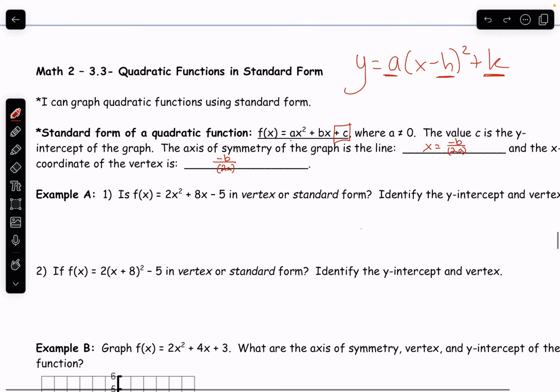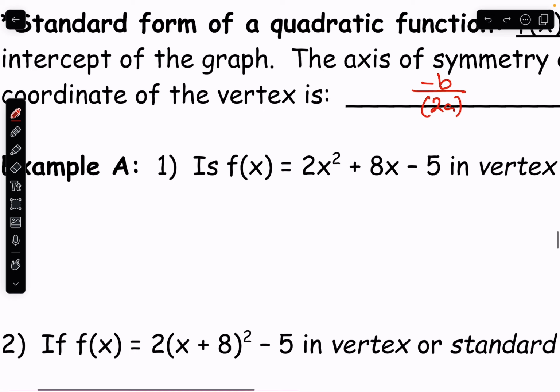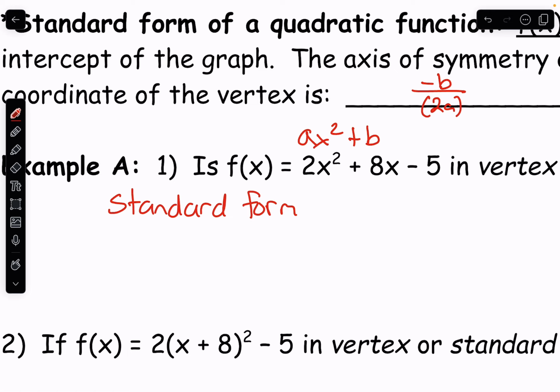All right. So it says, is 2x squared plus 8x minus 5 in vertex or standard form? Identify the y-intercept. So this one is going to be in standard form, and we know that because it is in the form ax squared plus bx plus c.